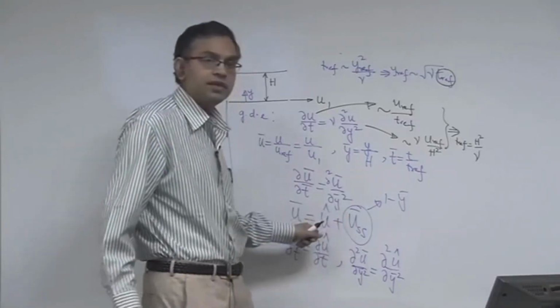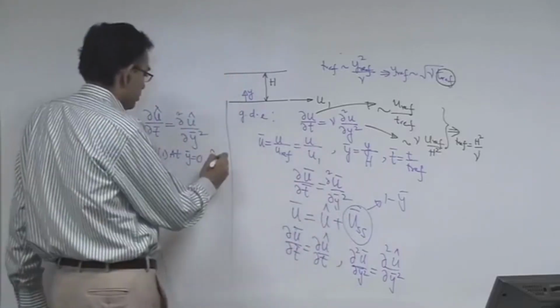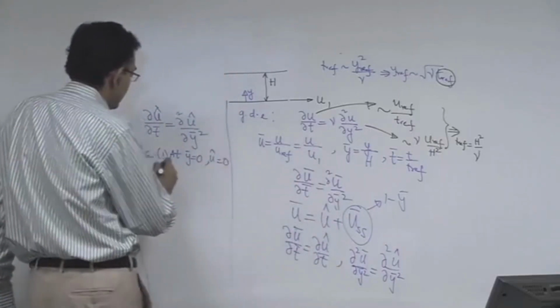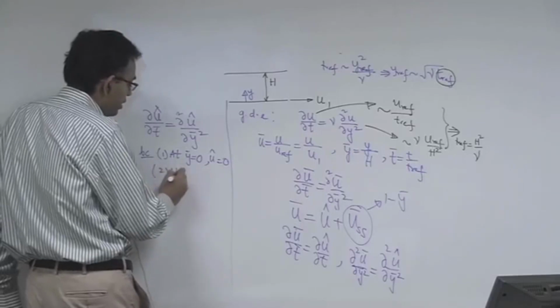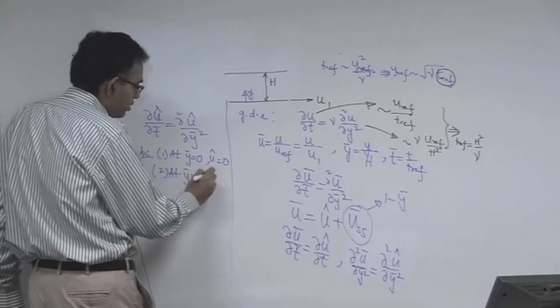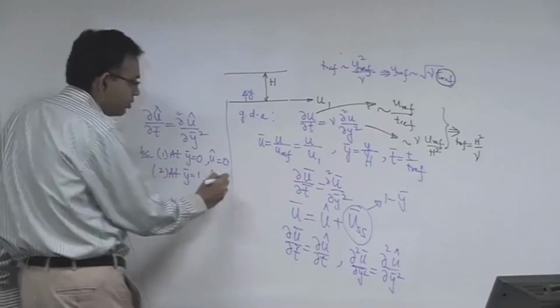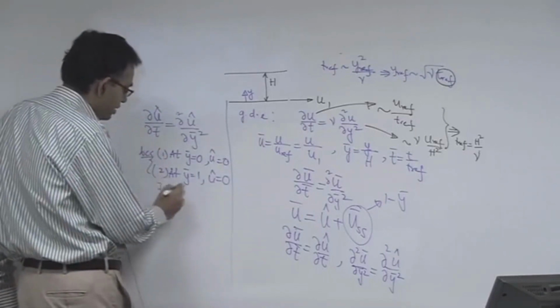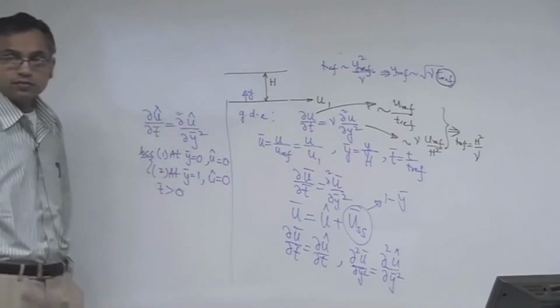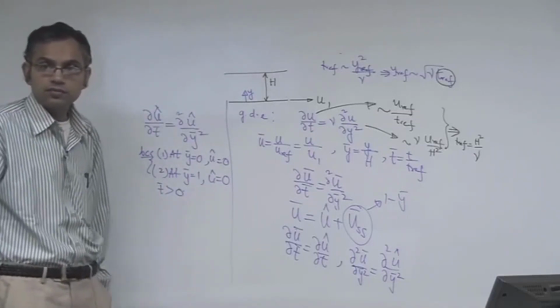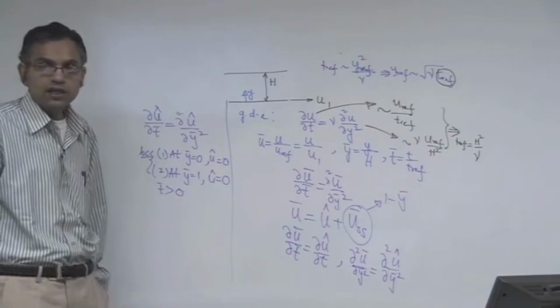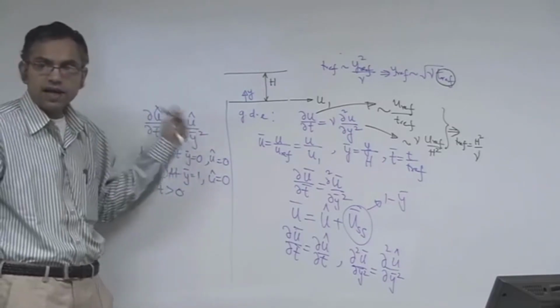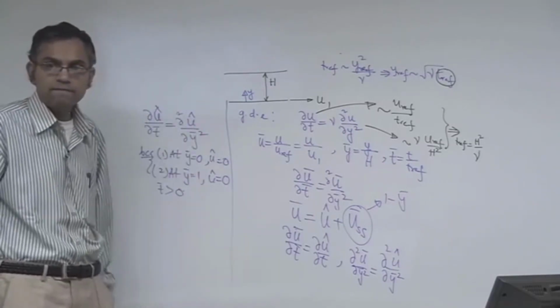So, u hat must be 0, and similarly at y equal to 1 also u hat equal to 0. This is for time greater than 0. And the initial condition is that everything is stagnant at time equal to 0.